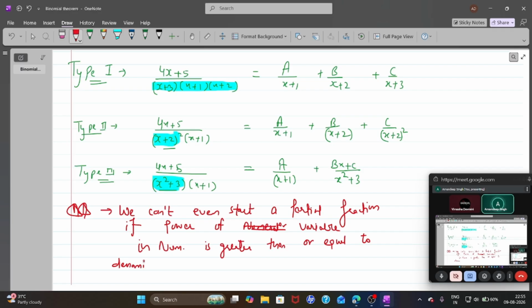So basically we can only apply the partial fraction when the power of denominator is greater than the power of numerator. Otherwise, if the power of numerator is equal to or greater than the power of denominator, then we first apply the division method, as we have learnt in the basic integration in the fifth chapter, if you remember. There was one question.